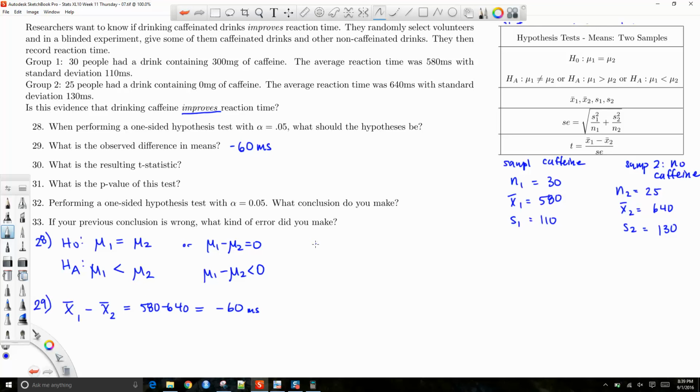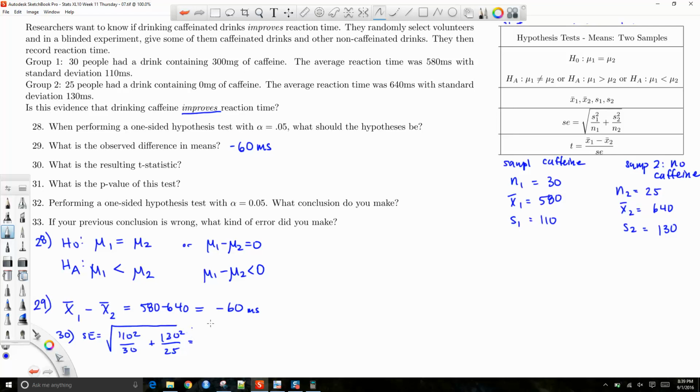Number 30 is asking what is our test statistic. Okay, so the test statistic requires us to find the standard error, which in this case is going to be 110 squared over 30 plus 130 squared over 25.